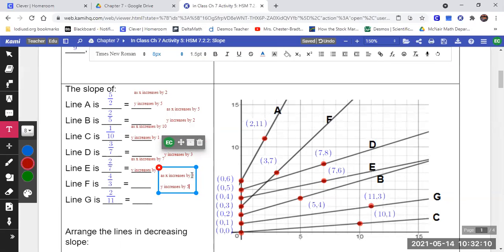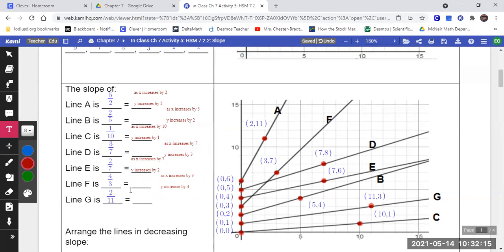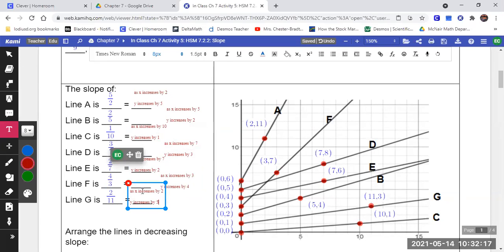X increases by 3, Y increases by... okay, and then G. What are we gonna say G is? X increases by 11, Y increases by 2.